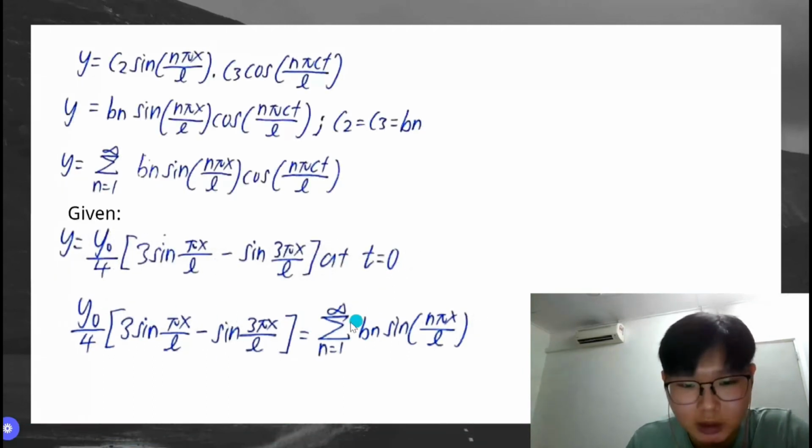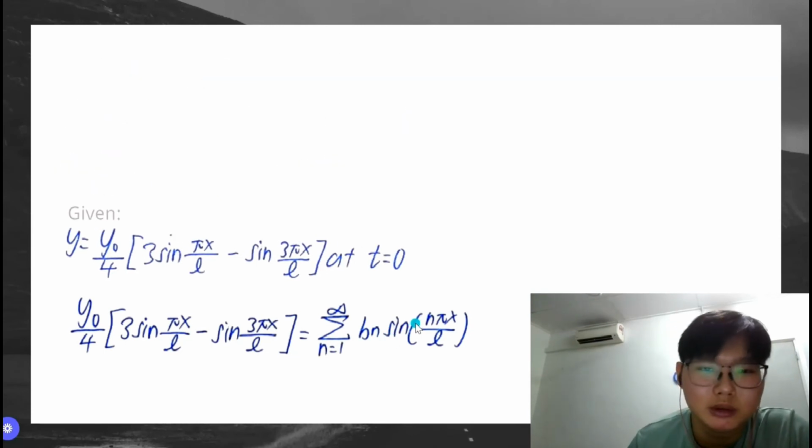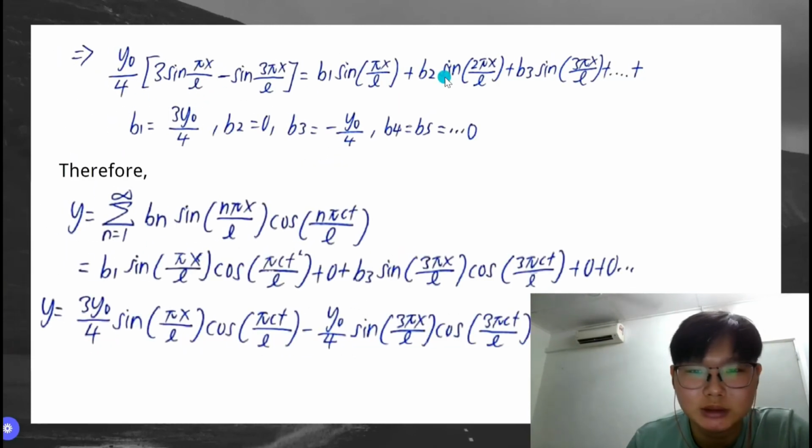You can know that when n equals 1, we have B1 sin(pi s divided by L). When we compare, we will get B1 equal to 3y naught divided by 4, and B2 equal to 0, B3 equal to negative y naught divided by 4, and B4 equal to B5 equal to 0. We just compare them from here, and this form is not equal to here, so we let B2 equal to 0.